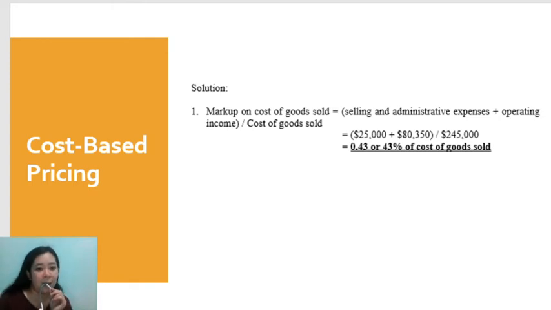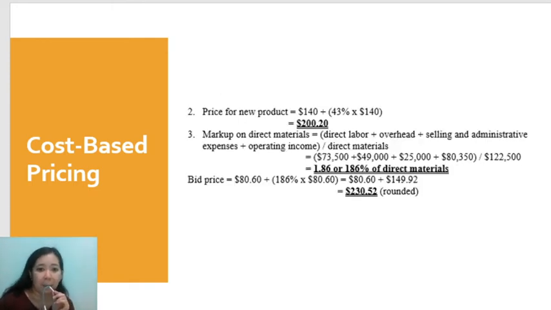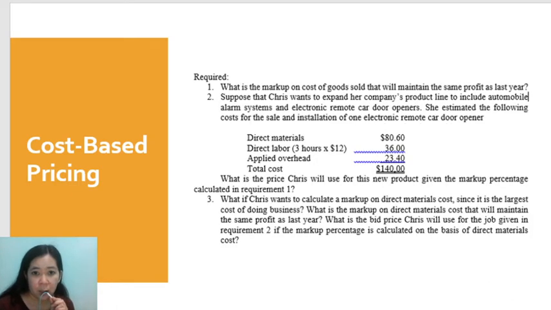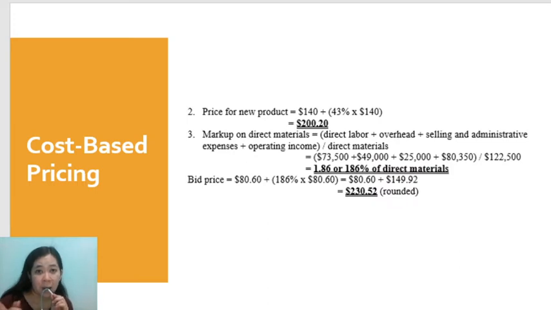For the second requirement, for their new product, the installation of the automobile alarm system, the price that will be used, given the markup in requirement number 1, is as follows.